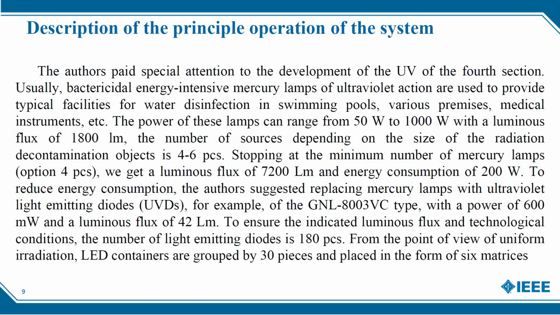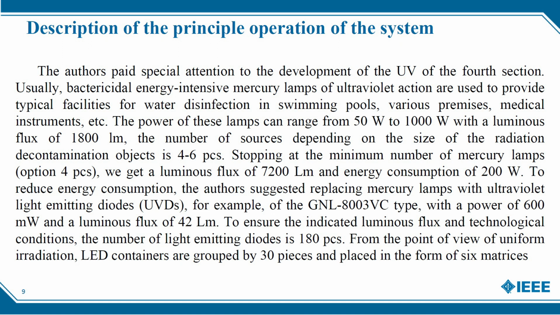The number of sources, depending on the size of the decontaminated objects, is 4 or 6 pieces. Stopping at the minimum number of mercury lamps, the option is 4 pieces. We get a luminous flux of 7200 lumen and an energy consumption of 200 watts.